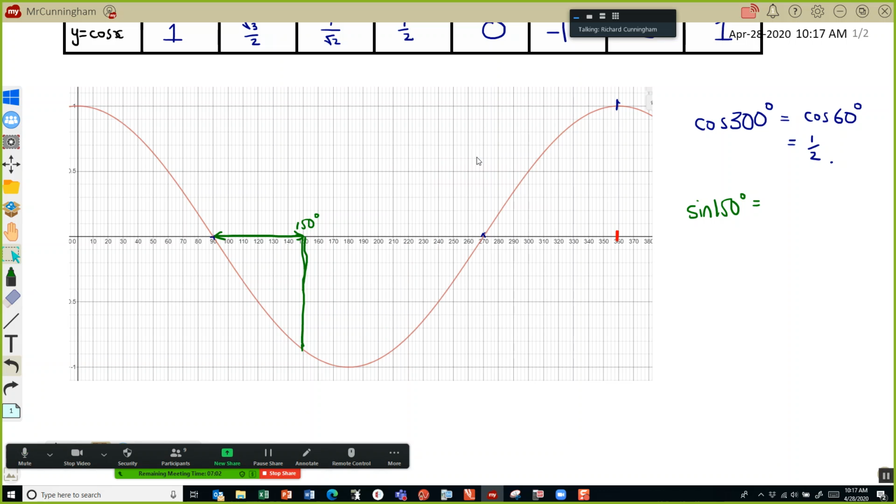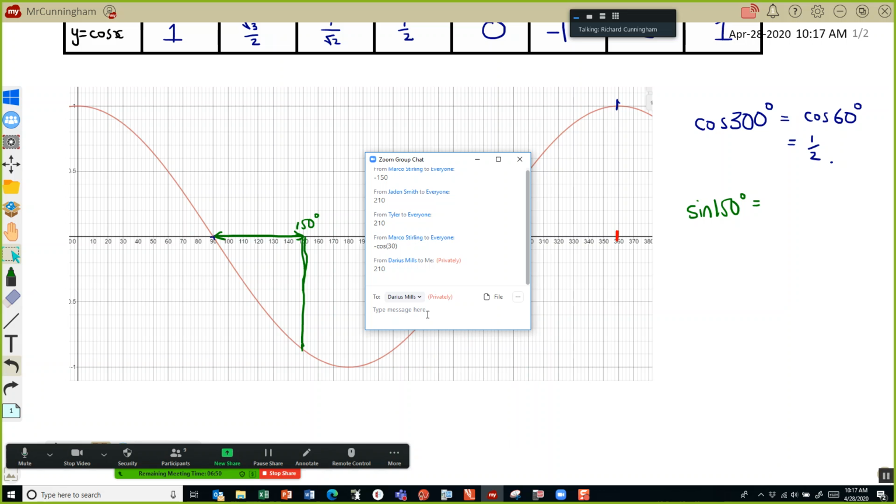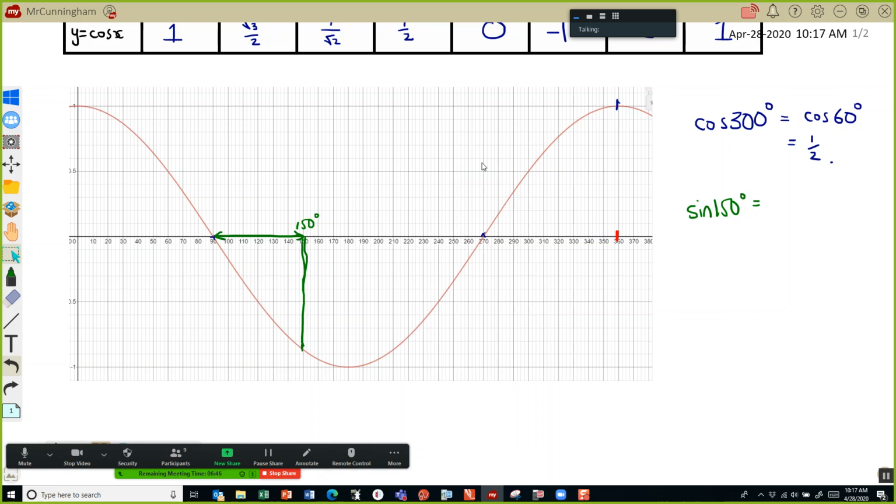Can you work out what the exact value is of sine 150? And if that doesn't make sense, I'll chat about it in a second. Well, we're working in degrees.